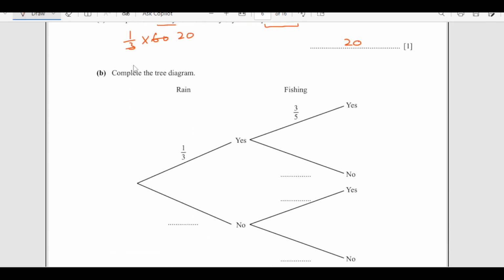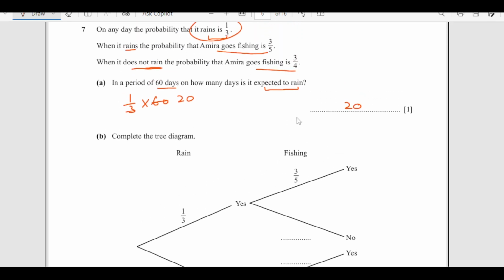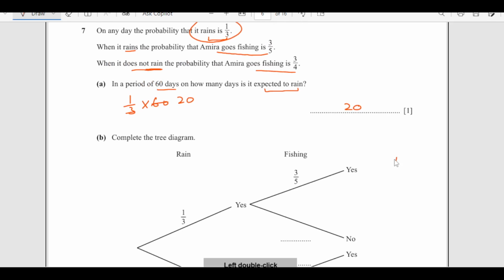B part, complete the tree diagram. So when it rains is 1 over 3. When it does not rain, this is going to be 2 over 3, 1 minus 1 over 3 gives us 2 over 3. And fishing, when it rains, the fishing chances are 3 by 5. When it does not rain, then it is going to be 1 minus 3 over 5, that is 2 over 5.